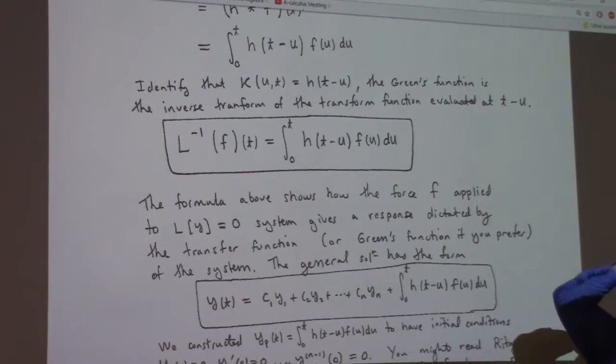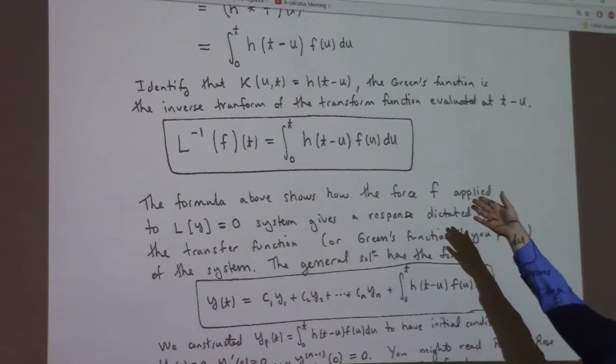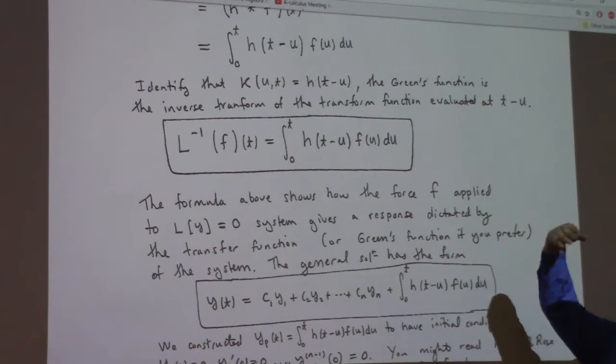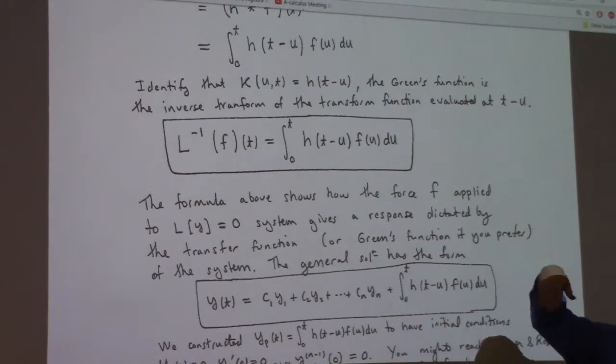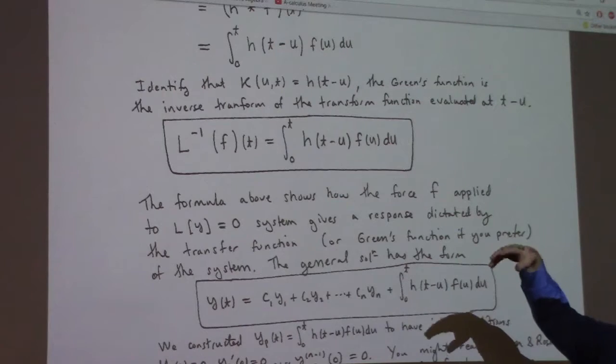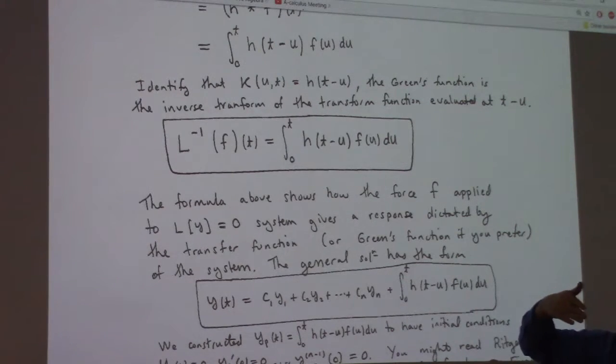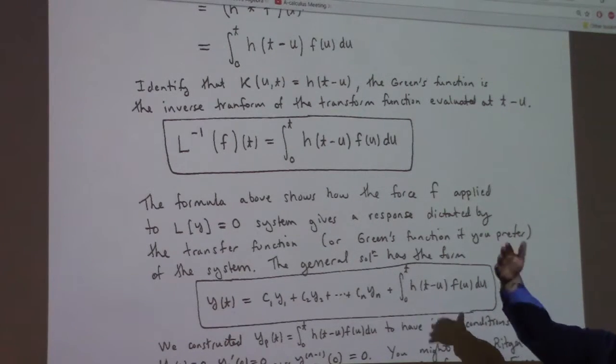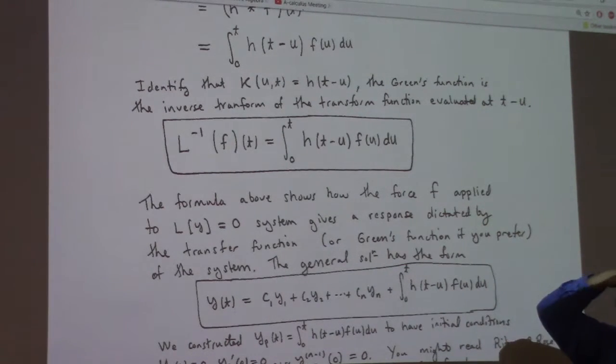If you think about it, the Laplace transform I took at the start of this derivation, I just had s to the n times y plus the coefficient s to the n minus 1 times y. What was missing was the minus y of 0, minus s times y prime of 0, and so forth. All the initial condition terms were set to 0, right? So basically, the thing I was just showing you assumes that the homogeneous solution is 0.